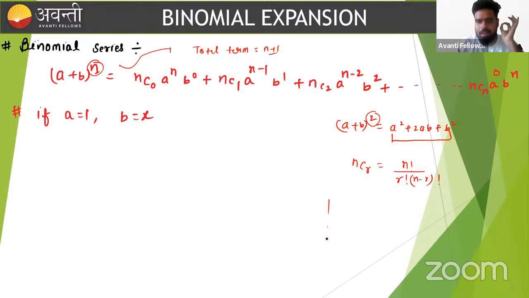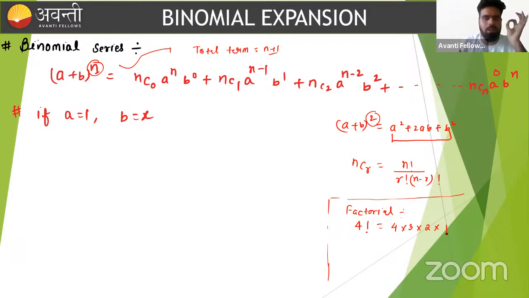This symbol is known as factorial, so we need a basic understanding of factorial also. What is the meaning of factorial? Factorial means we have to break the terms down until we reach 1. Suppose we want to break 4 factorial, how can we write it? We break the 4 in decreasing manner: 4 into 3 into 2 into 1.